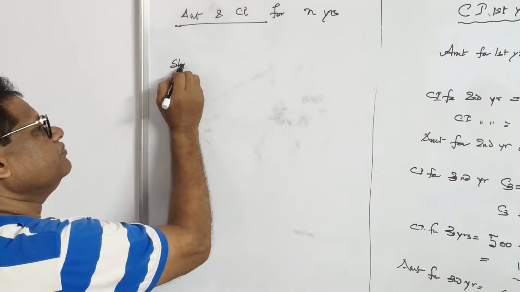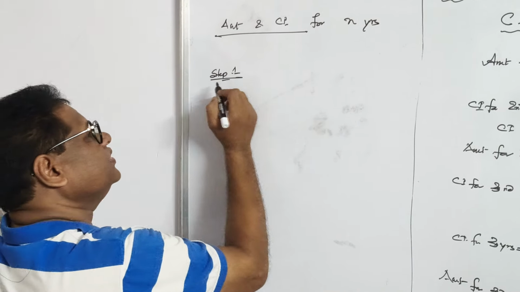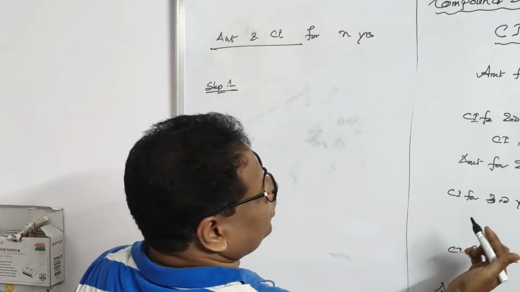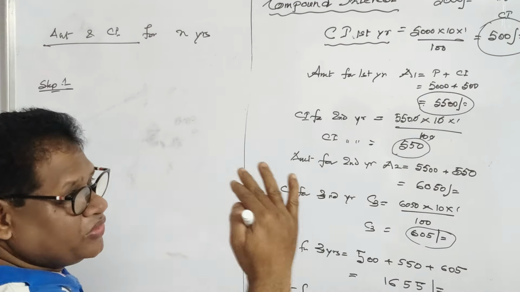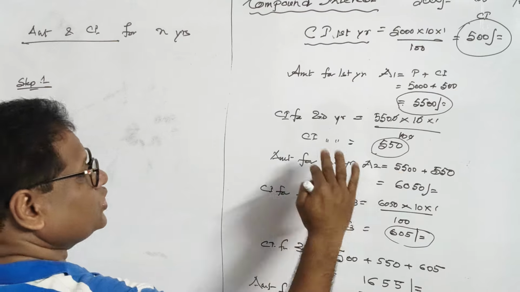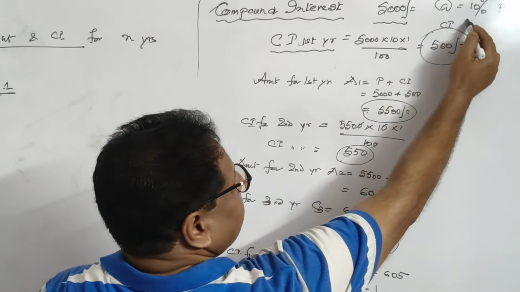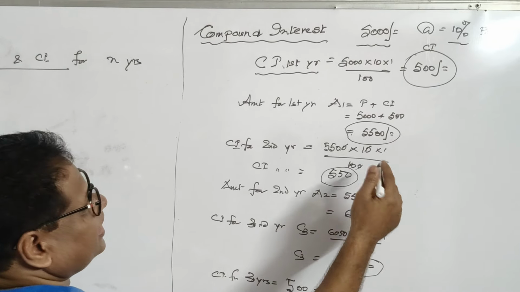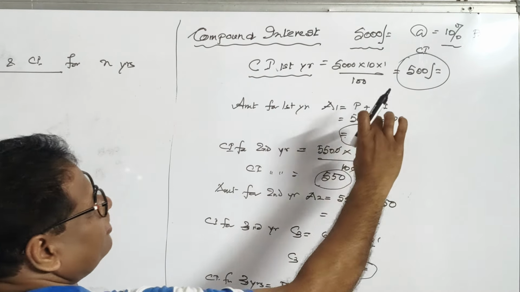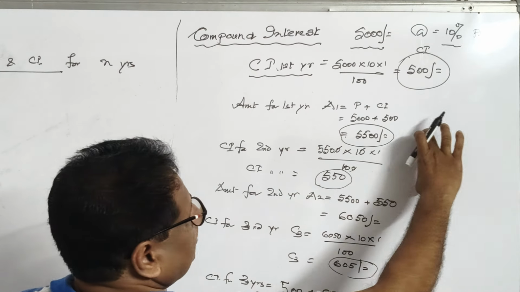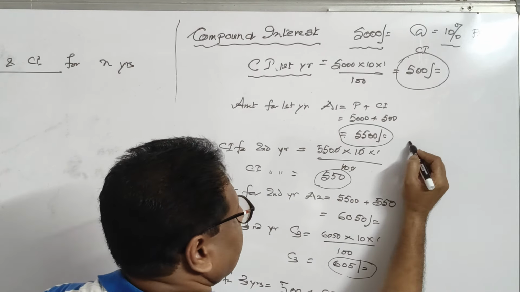First step, okay, say you want to find the amount for 2 years, okay, and the compound interest for 2 years. So let me tell you, if the principal was 5,000, rate of interest 10% per annum, the interest for 2 years came as 500 plus 550. So it is 1050, right?